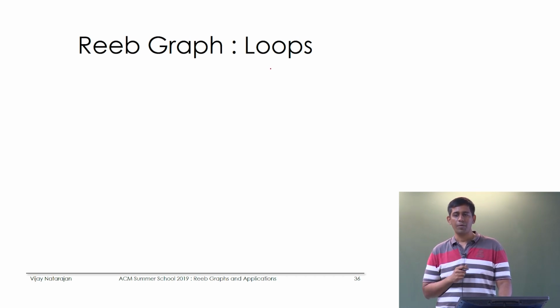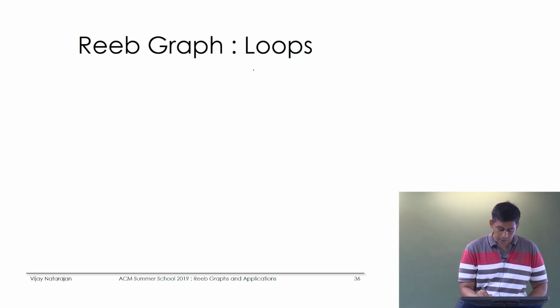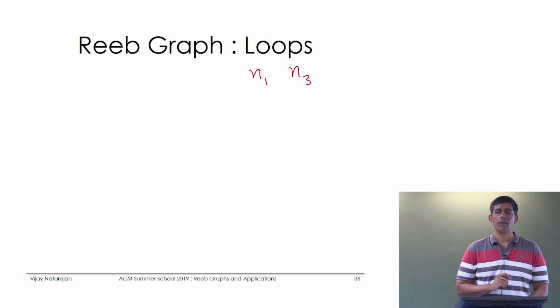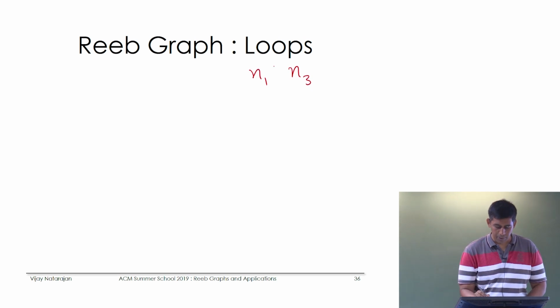It is equal to the number of critical points. If I say n1 is the number of degree 1 nodes, and n3 is the number of degree 3 nodes, how many nodes do we have? n1 plus n3, great. This is the number of nodes.